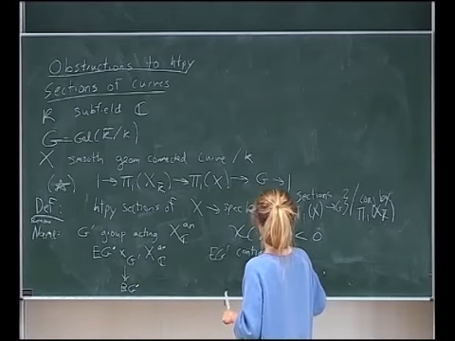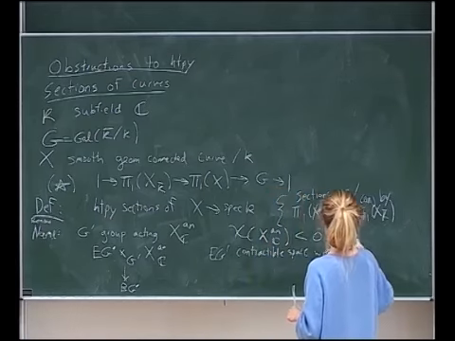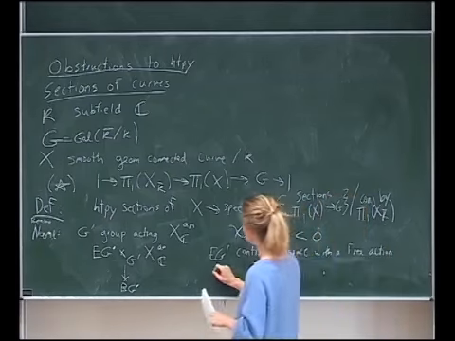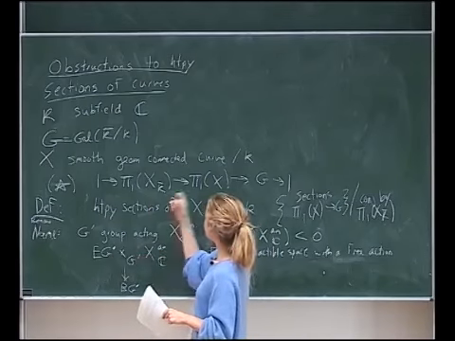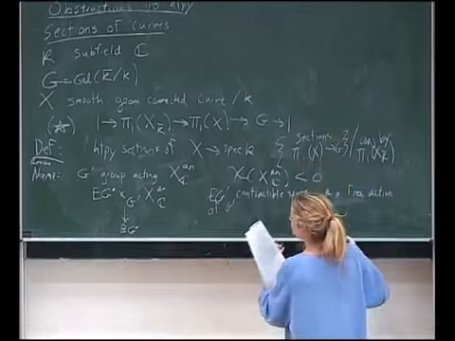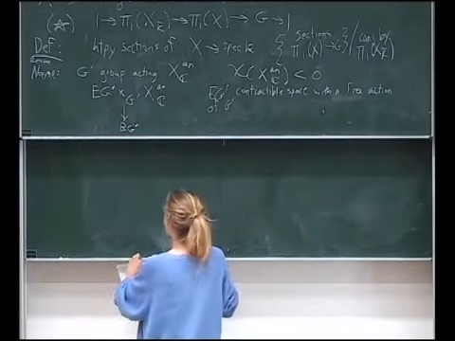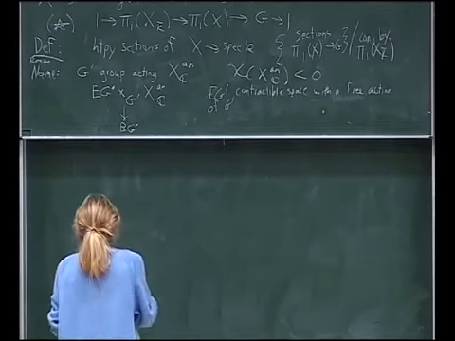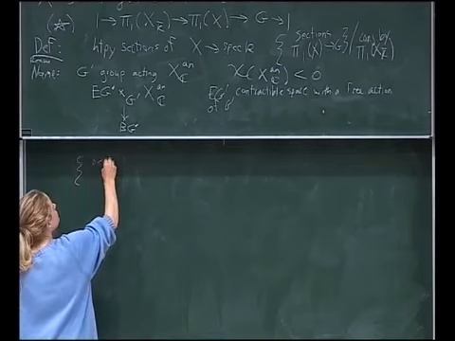Here E G prime is a contractible space with a free action of G prime. Then the splittings of the pi 1 sequence are the same thing as sections up to homotopy.